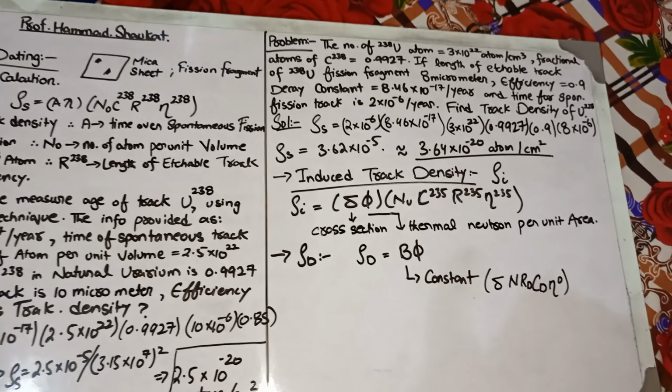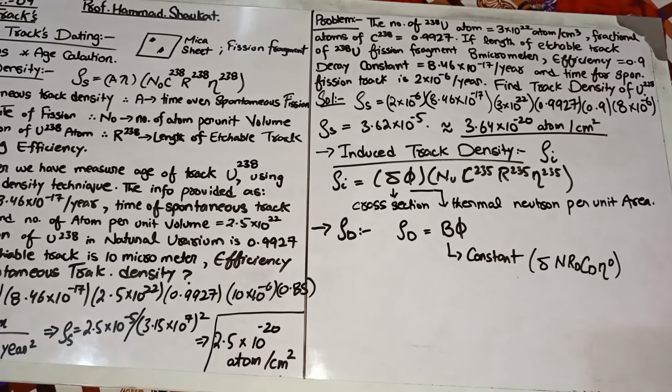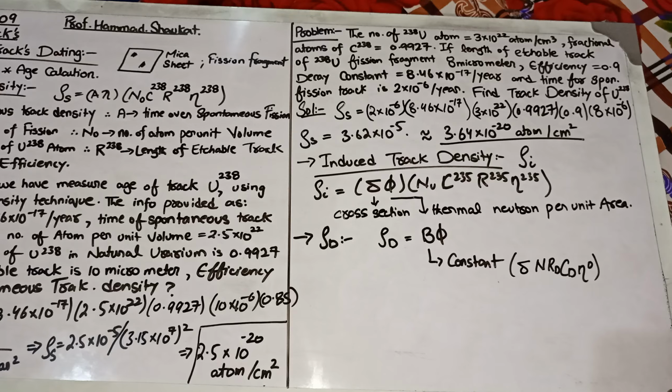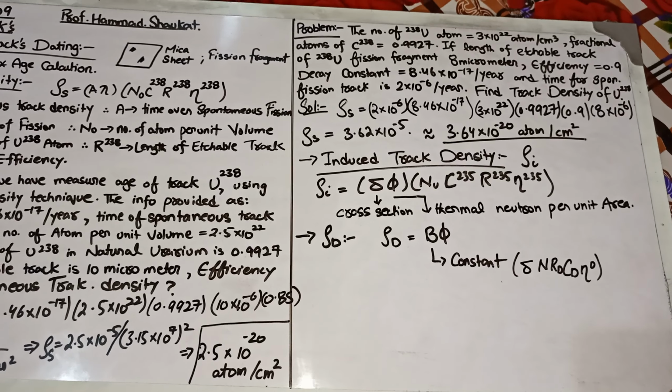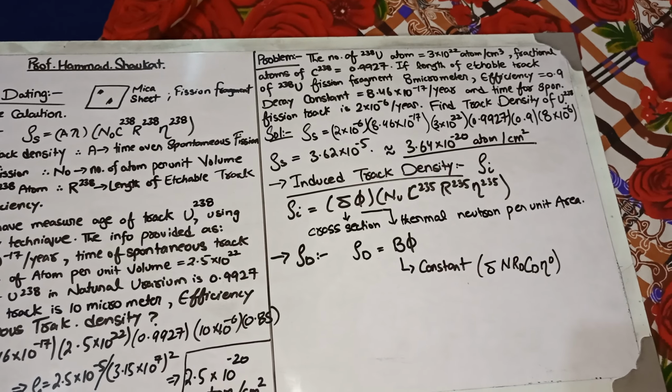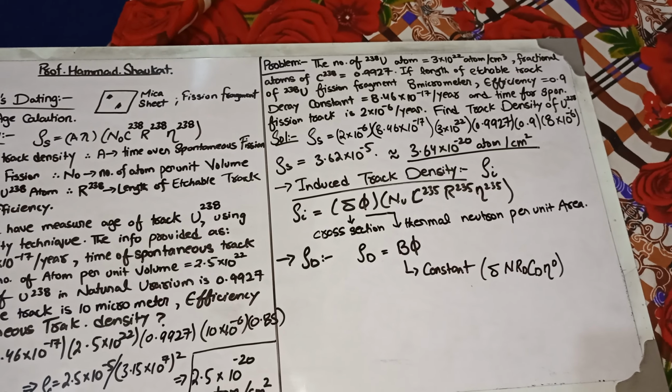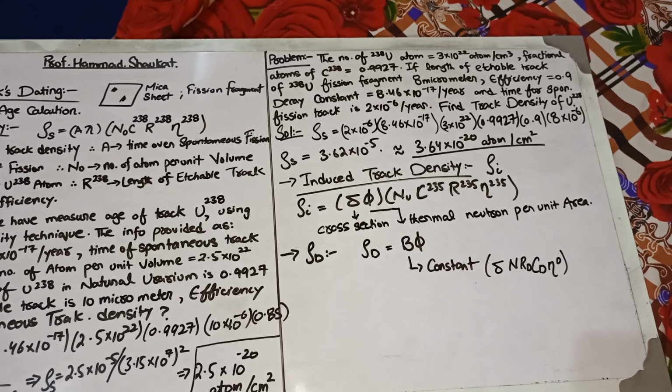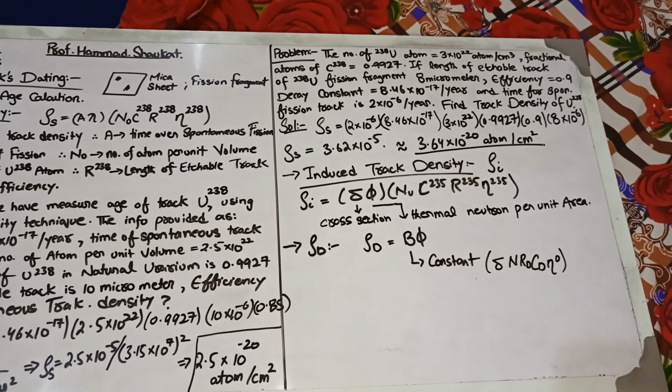Now, our final thing for this lecture: the above equations can be combined, as we discussed, to give the age in terms of three track densities and a constant.